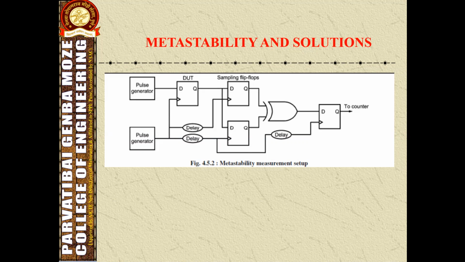At the output of the DUT, there are two well characterized sampling flip-flops, and these two flip-flops use the same clock signal used by the DUT. The first sampling clock is delayed by TD since the probability decreases exponentially with time and the condition is easily satisfied.